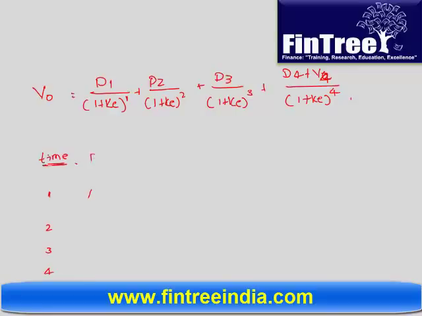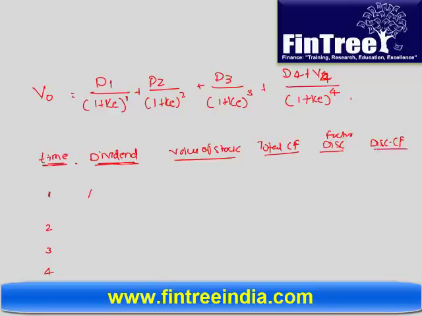Then you will say amount of dividend, and this is where you will say value of stock, total cash flow, discount factor and discounted cash flow.